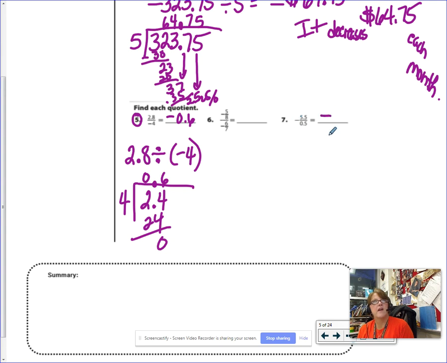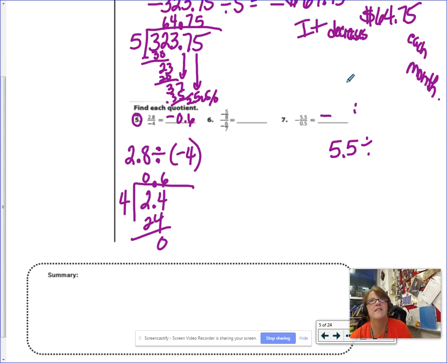Let's look at one last one here. Notice, decide on the sign of your answer first. And then rewrite this as a regular division problem. Okay.